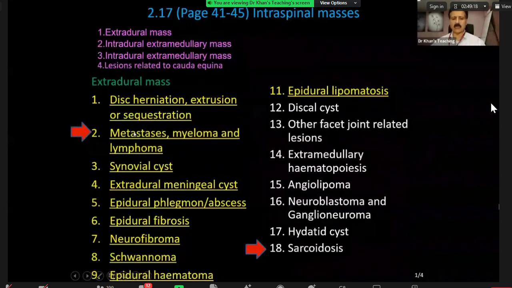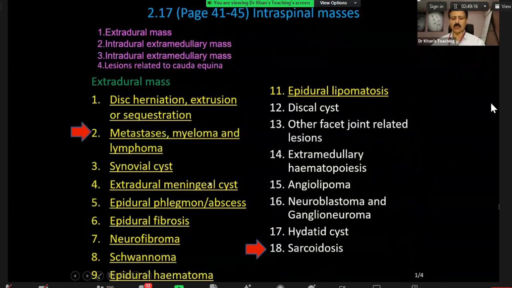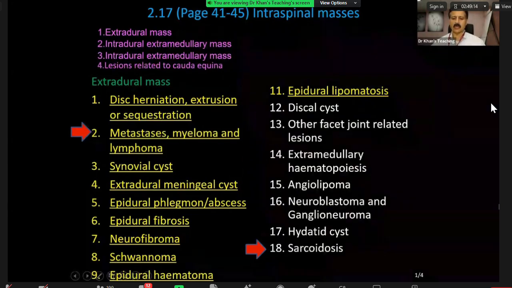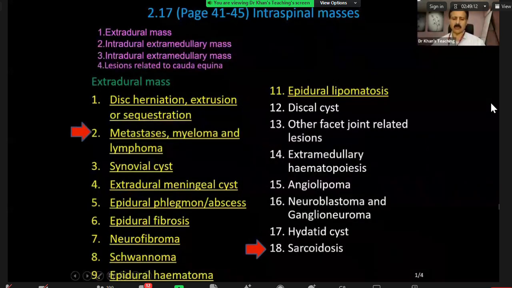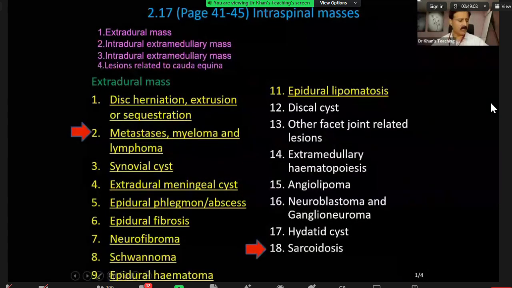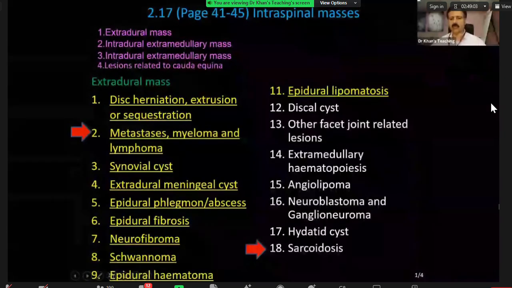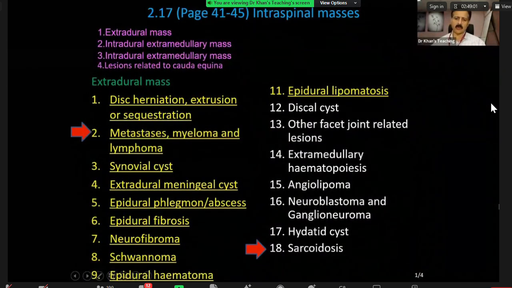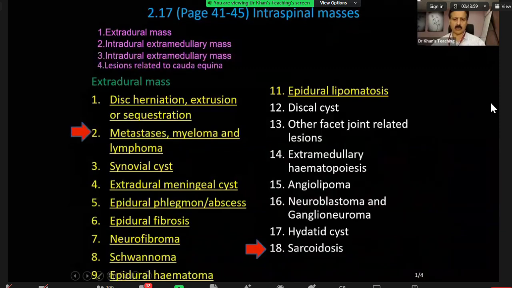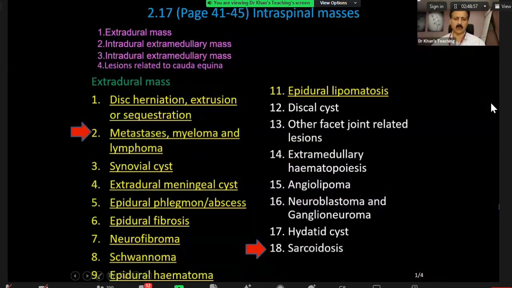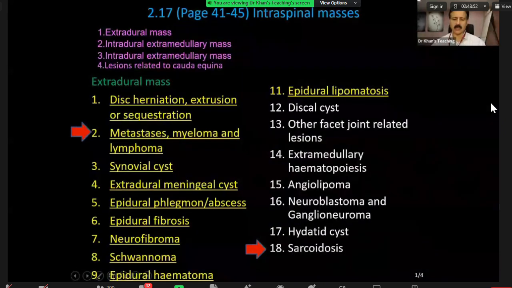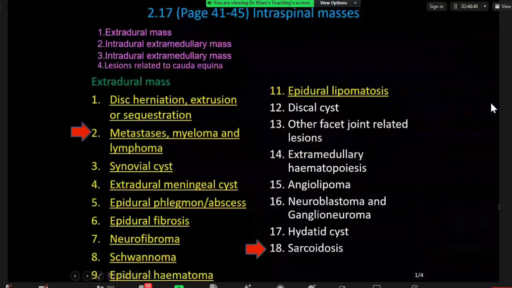Metastases behave like this, lymphoma also, and sarcoidosis. Sarcoidosis is known as the greatest mimicker in neuroradiology, and it's a favorite for the examiners. So please always remember sarcoidosis. We have seen cases of diffuse marrow abnormality that came out as sarcoidosis. I'm not expecting you to pick that up, but if you get a long case with other stigmata of sarcoidosis somewhere else, keep your minds open.